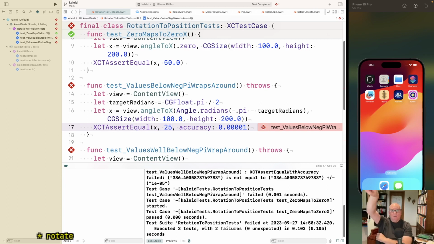Okay, so we're going, oh, yeah, it's 75. We'll see. Okay, so we're going minus pi minus 90 degrees, pi over 2. Okay, so that puts us at 90 degrees.